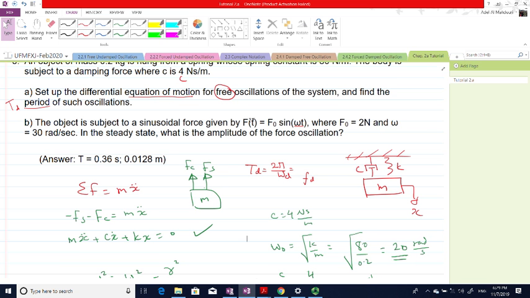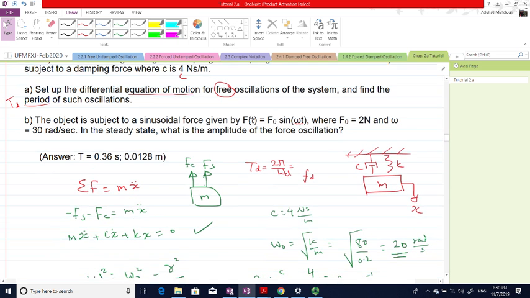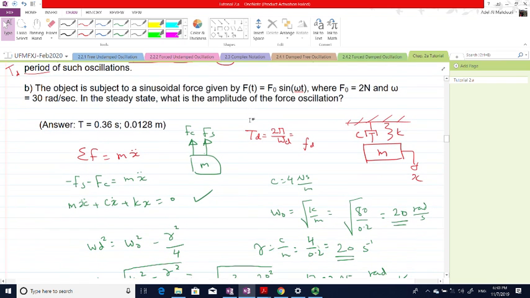It will be subjected to a sinusoidal force given by F(t) equal to F naught sine omega t, where F naught, the amplitude of the driving force, will be 2 Newton, and omega, which is not the natural frequency but the frequency of the driving force, is 30 radians per second. In steady state, what is the amplitude of the forced oscillation?